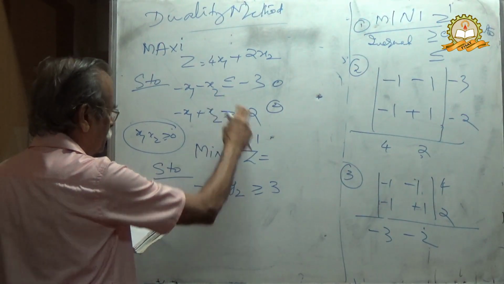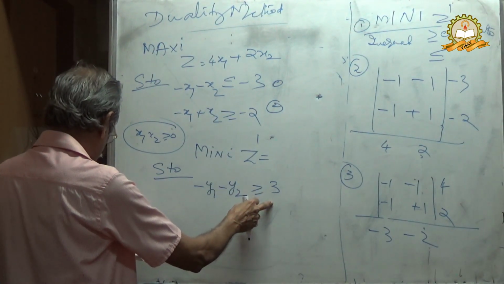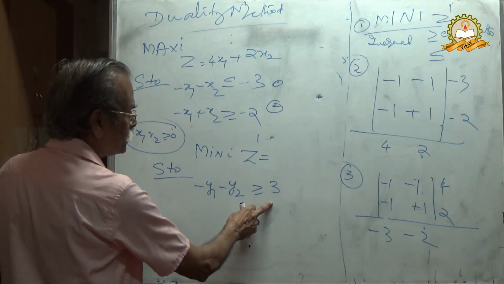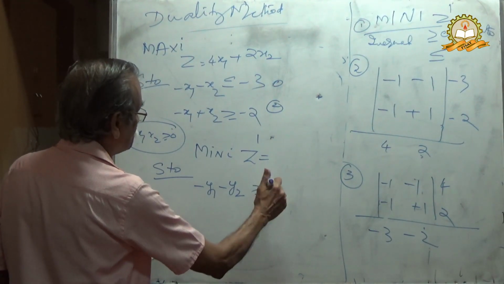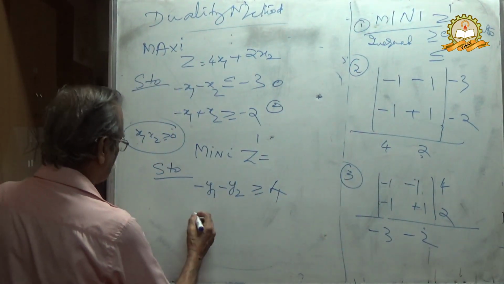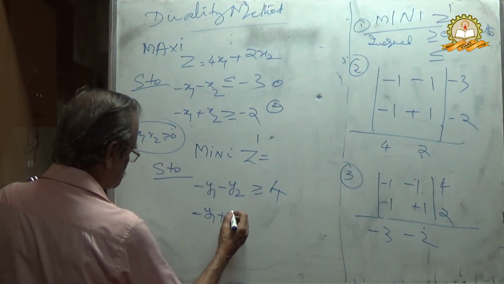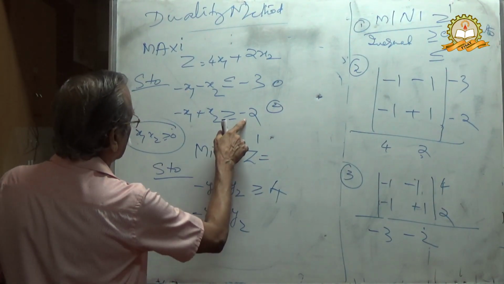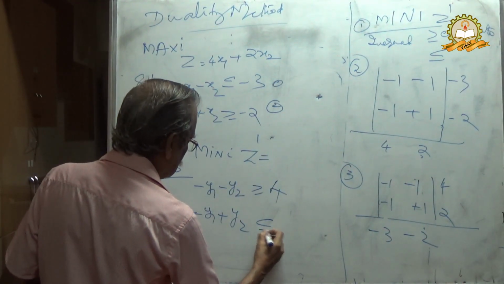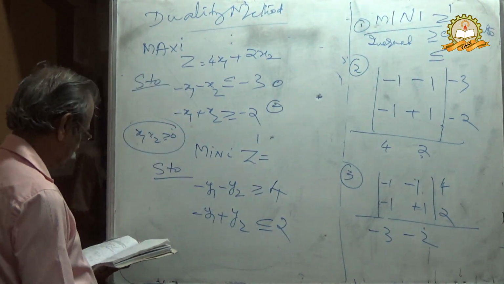Less than or equal to changes into greater than or equal to 4, I am sorry. y1 y2 greater than or equal to 4. And the second one, minus 1 plus y2, second one was greater than, therefore it changes to less than or equal to 2.